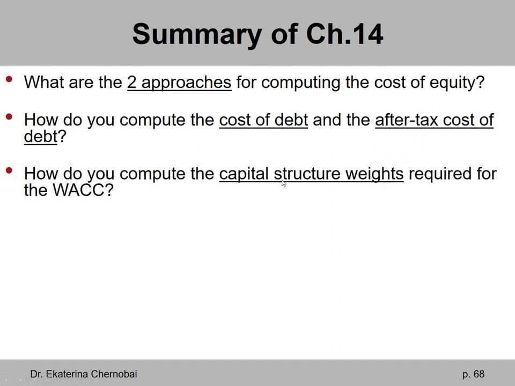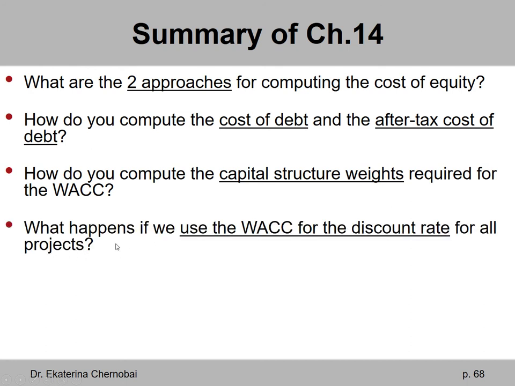And so effectively, the interest rate on loans is kind of overstated. How do you compute the capital structure rates required for the WACC? We need to look at market values of common stocks, preferred stocks, and bonds, rather than book values. So for example, for a bond, the book value is the $1,000 face value, but the market value of a bond is the price that you would pay to buy one bond. What happens if we use the firm's WACC for the discount rate for all projects?